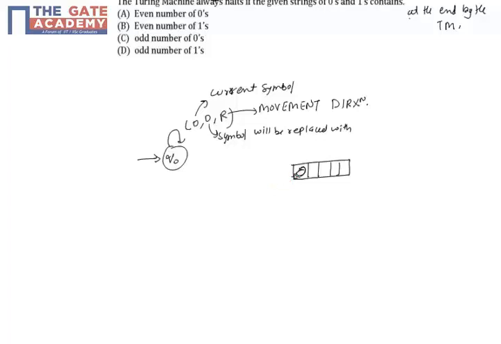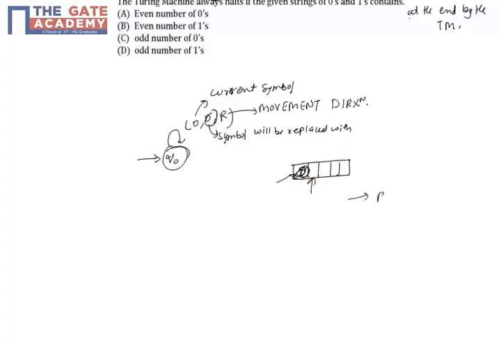So we have 0 here. It is saying my current symbol is 0. Now this will be replaced with 0 itself, meaning this symbol is replaced with 0 itself, and I stay in the Q0 state and move my cursor in the right direction.